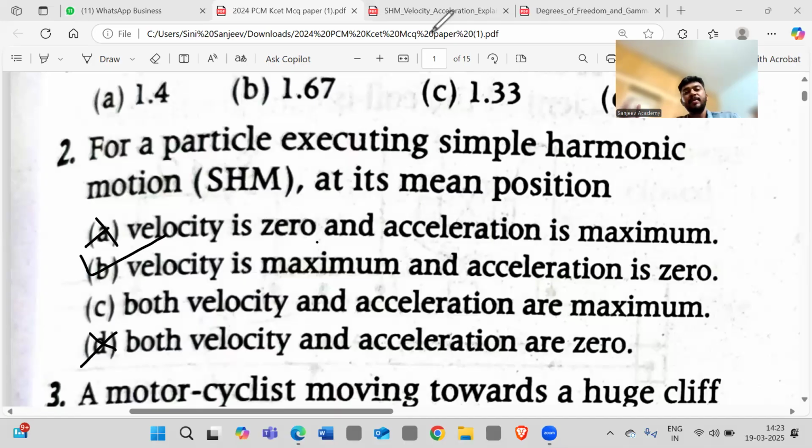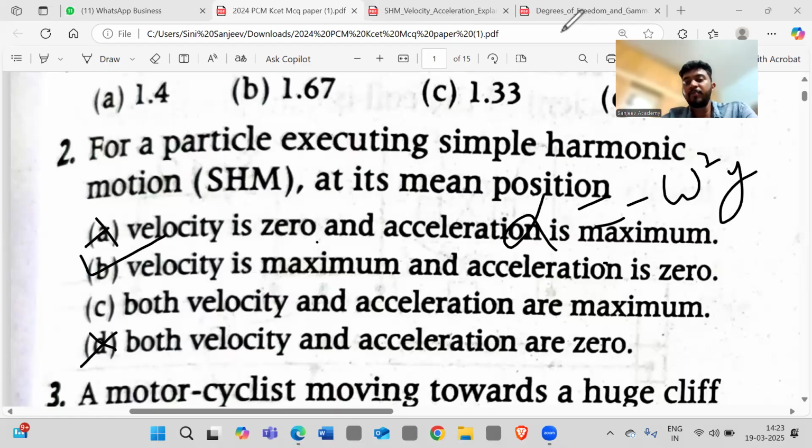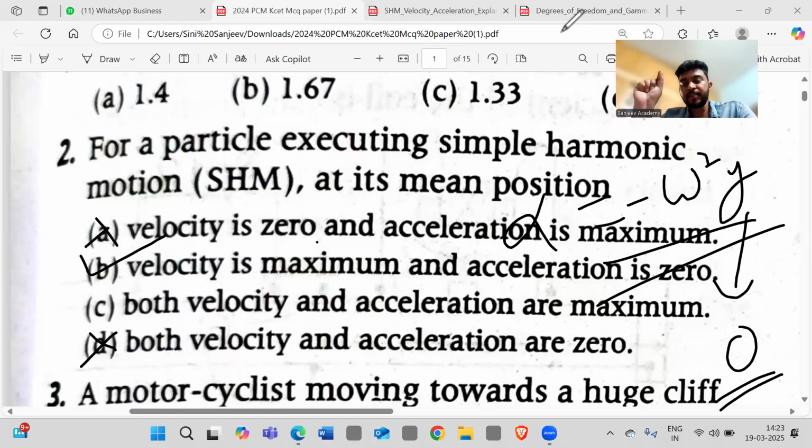There is something called alpha, acceleration is minus omega square y. How many of you remember this? Let me write it here. Alpha is equal to minus omega square y. This alpha is about acceleration and y is about displacement. Displacement is 0 at the mean position. Maximum displacement is when going from the left to the right.